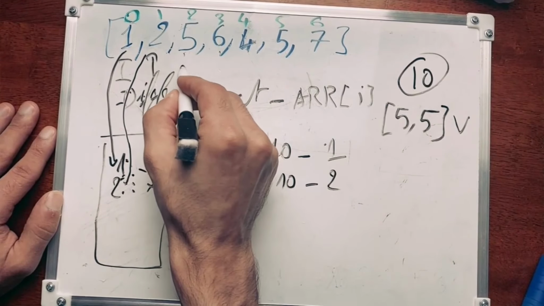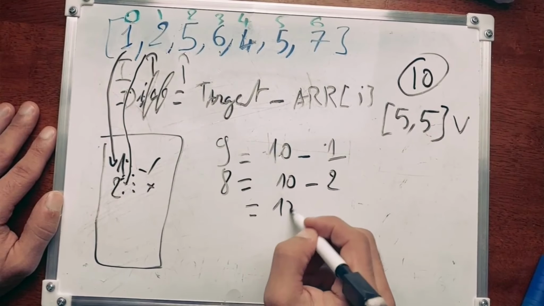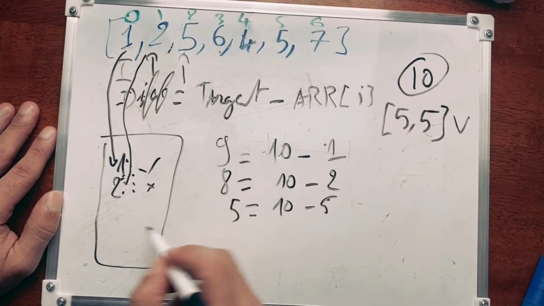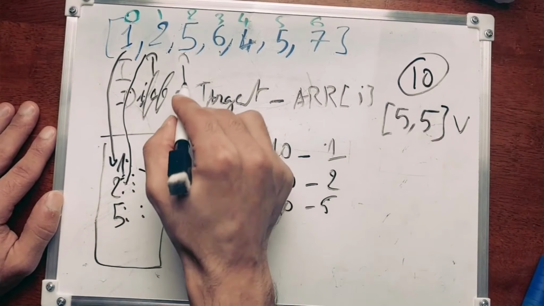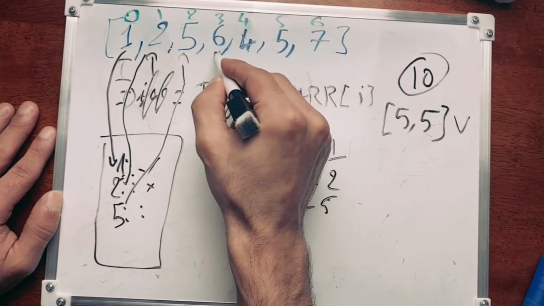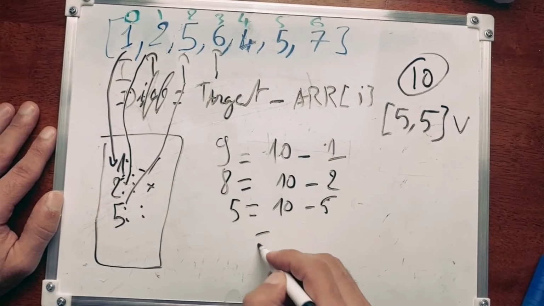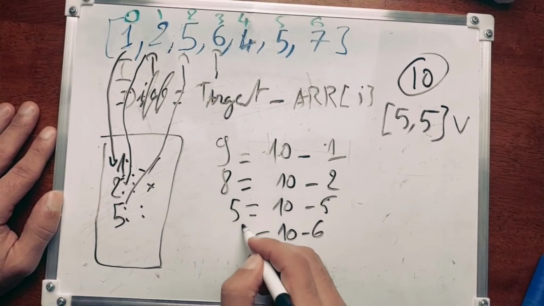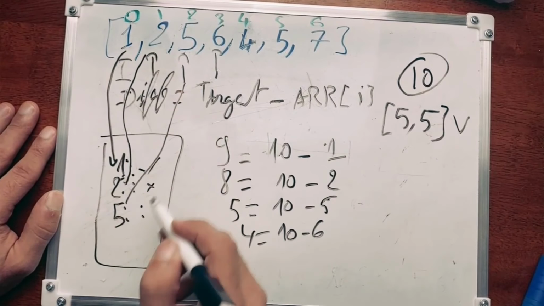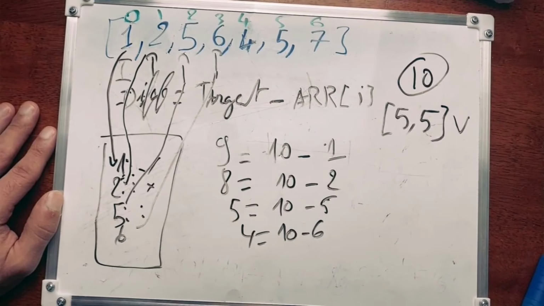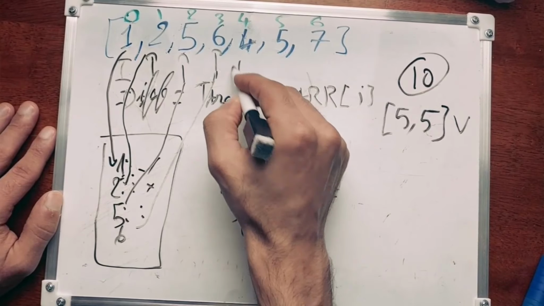We come to the 5. 10 minus 5 equals 5. Do we have 5? We don't. Okay, we continue. Then we come here to the 6. 10 minus 6 equals 4. Do we have a 4? No. We have 1, 2, and 5, like we know. We take the 6, we put it here. Then now we move the I again.